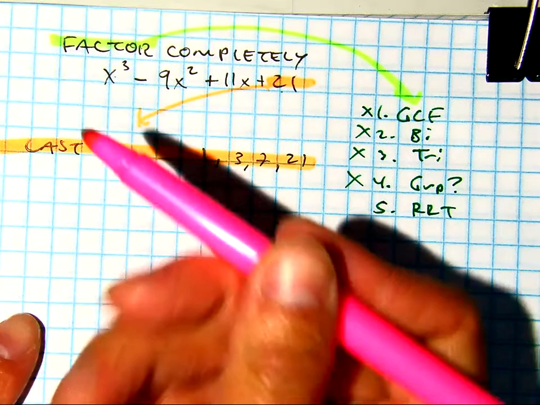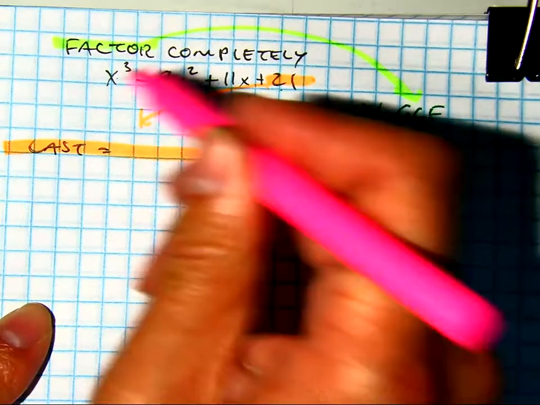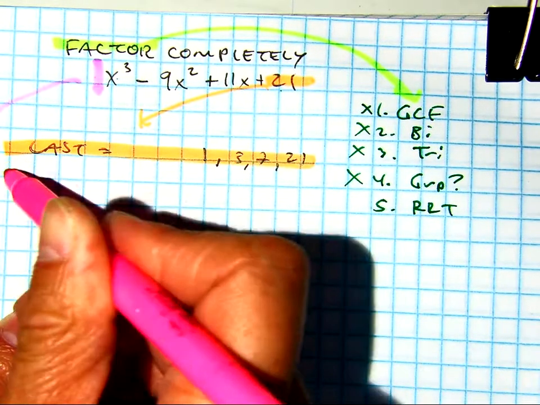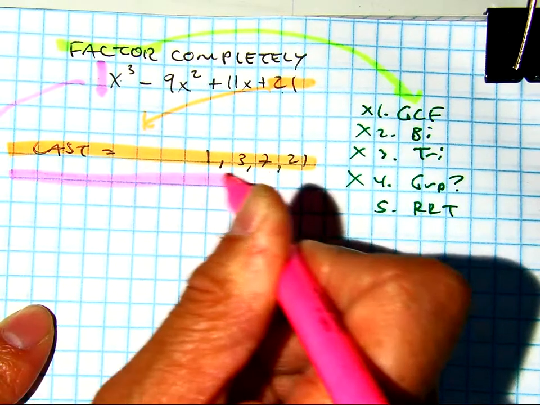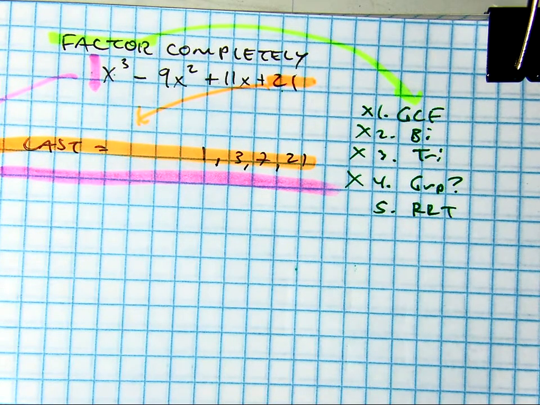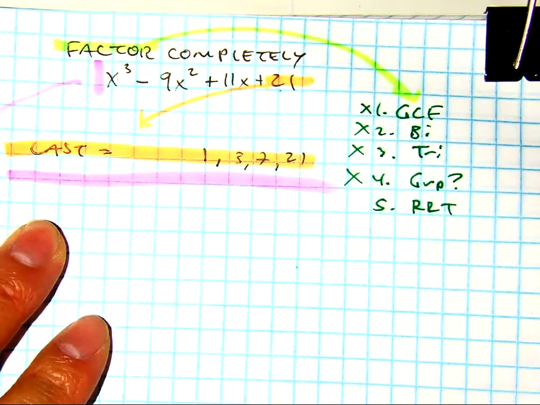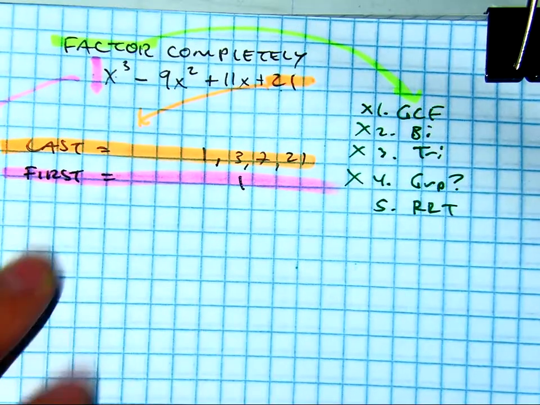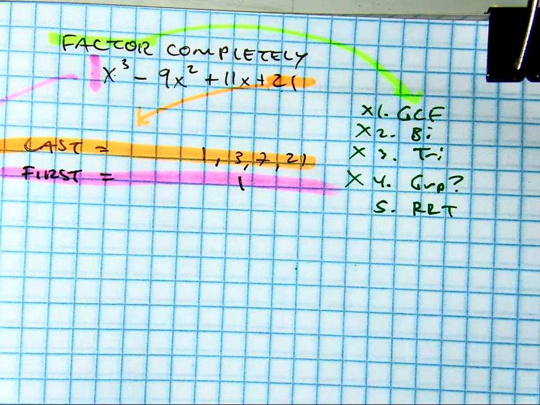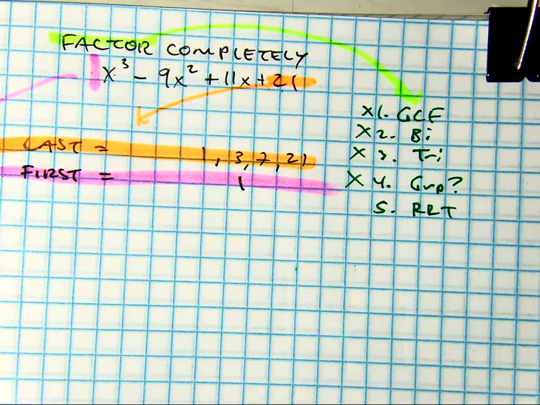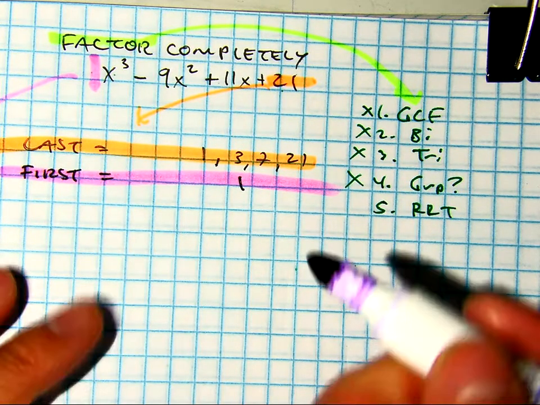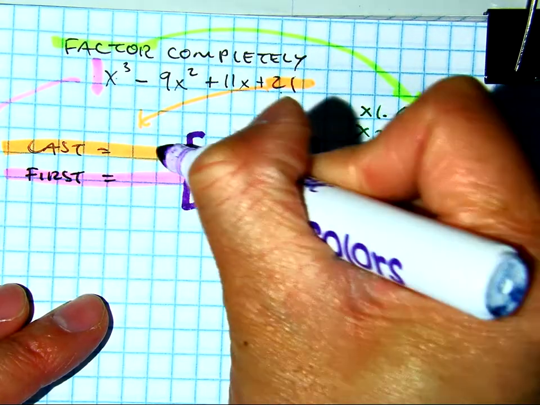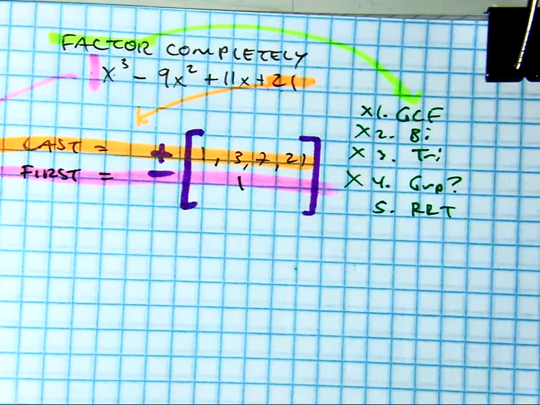It's a 1. What are the only factors of 1? It is 1. So I'm just taking my last divided by my first. You might be asking what's happening here. You're going to have both positive and negative. All of the options we're going to have are both positive and negative.